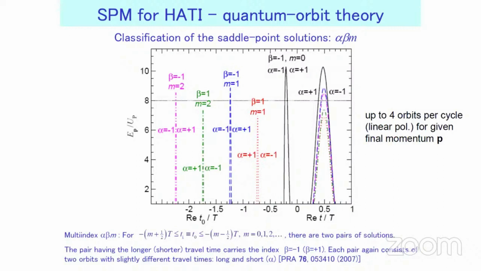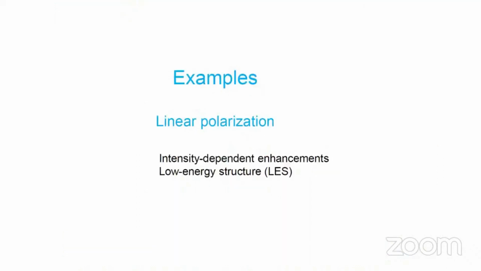And then for each such solution, you still have the long orbit and the short orbit, which is known from harmonic generation. So in general, you have 4 solutions per period of the laser field. I'll use this multi-index in the rest of my talk, even if I haven't really properly explained it, except to those who know it already.